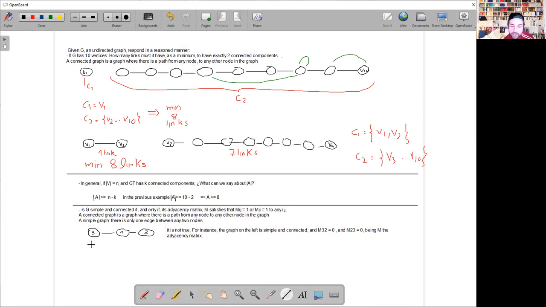Right, so we have put a counterexample. Let's continue.